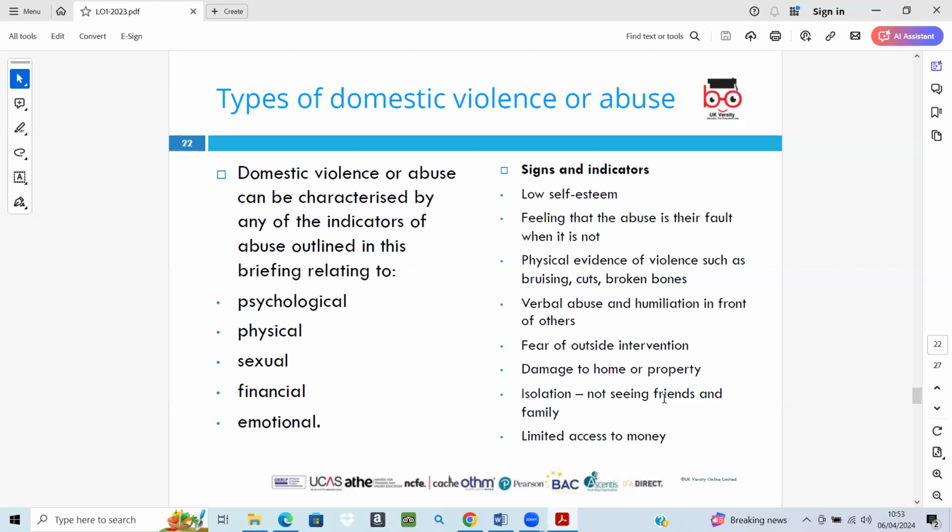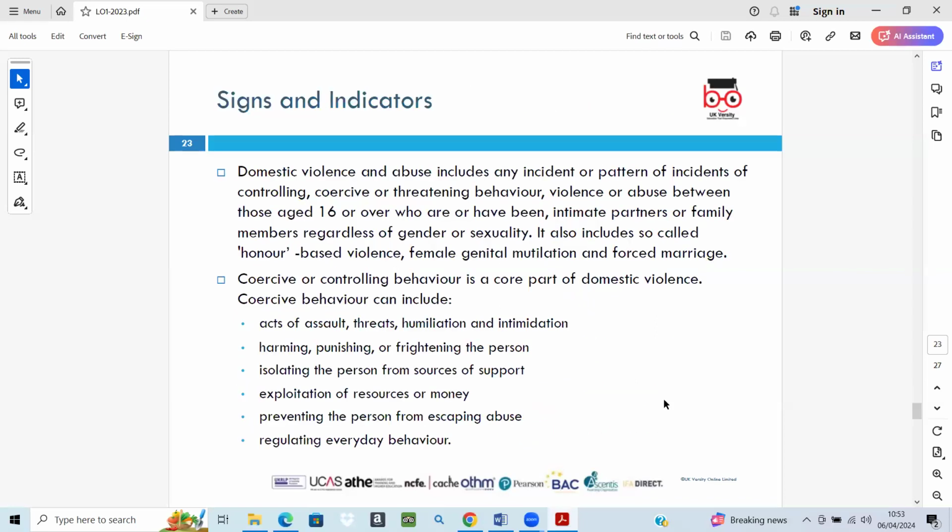Now we have again signs and indicators. Domestic violence and abuse include any incident or pattern of incidents of controlling, coercive or threatening behavior, violence or abuse between those aged 16 or over who are or have been intimate partners or family members, regardless of gender or sexuality.